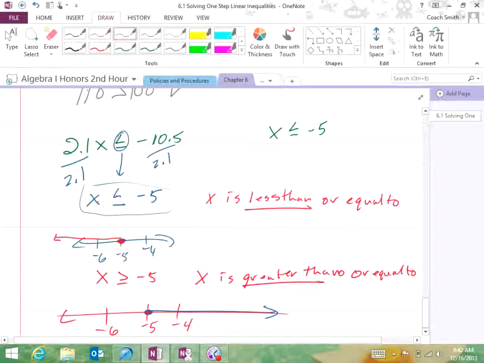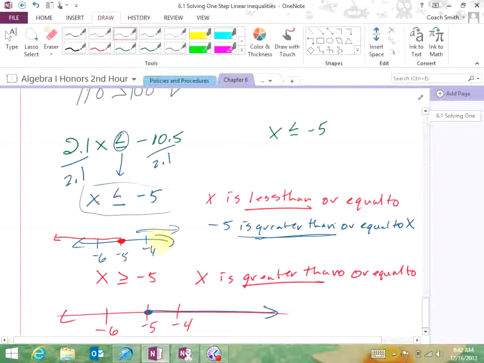Is it wrong if you switched it around and made it like negative 5 is greater than X? On which problem? Those are two different problems. The first one. If you said negative 5 is greater than or equal to X, that's not wrong, but the problem you've got is this. You can't say that is greater than and switch this here.